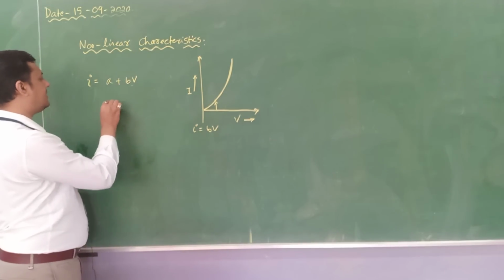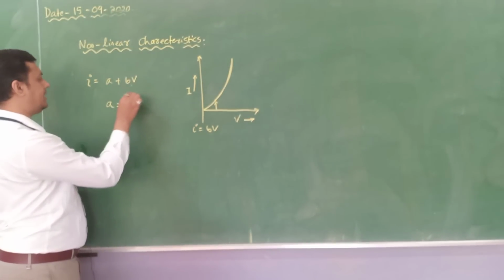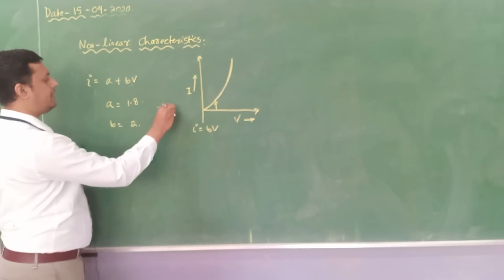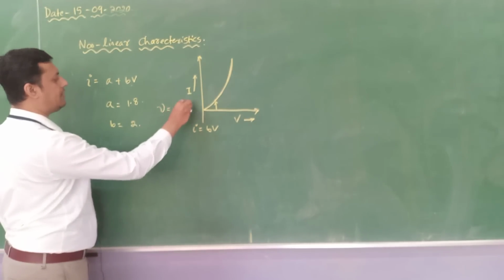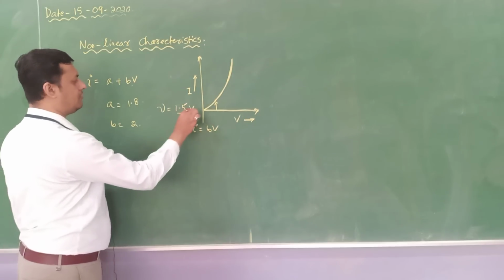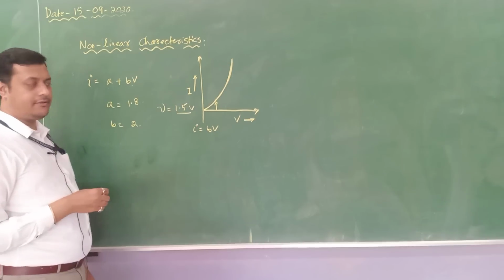Now let us consider the constant A is 1.8 and B is 2, and our input potential is 1.5 volt. So for 1.5 volt, what output current should we get?